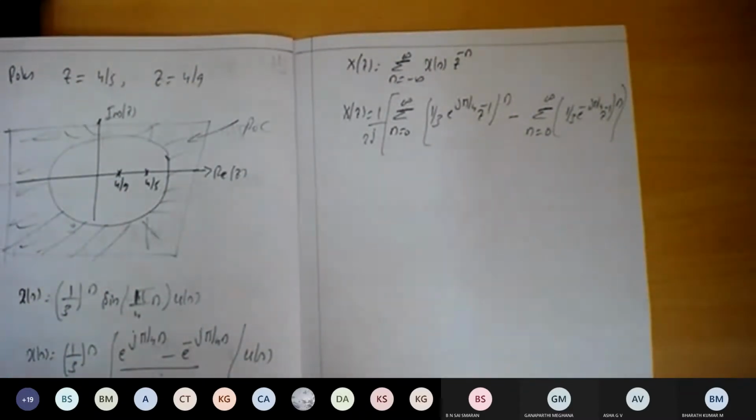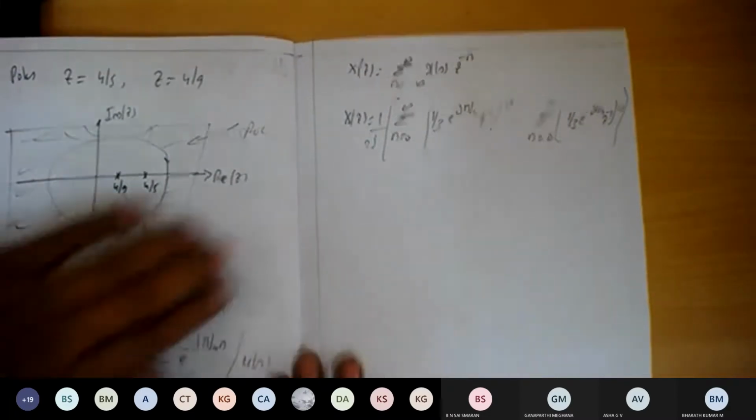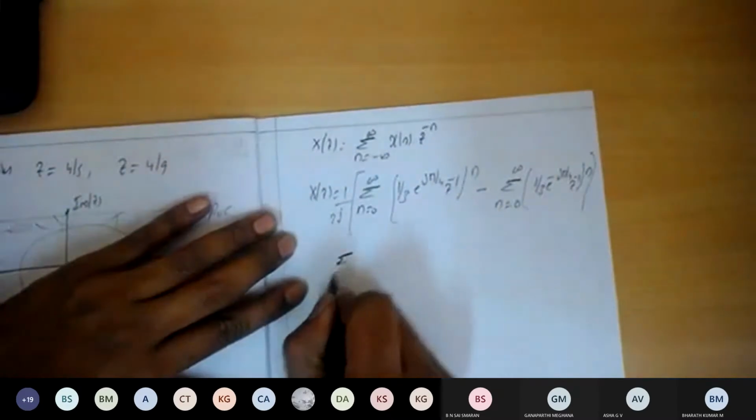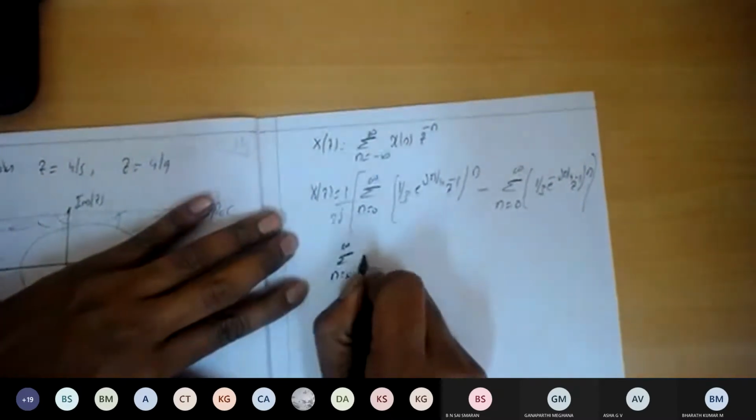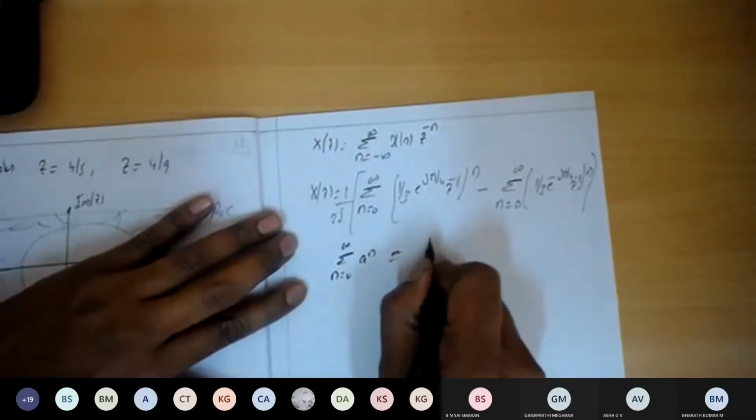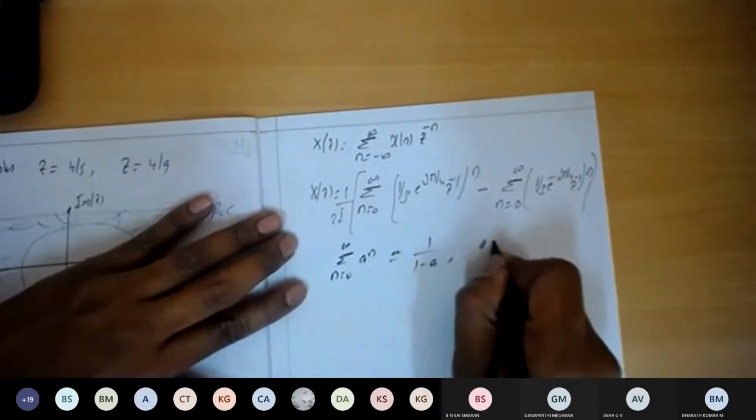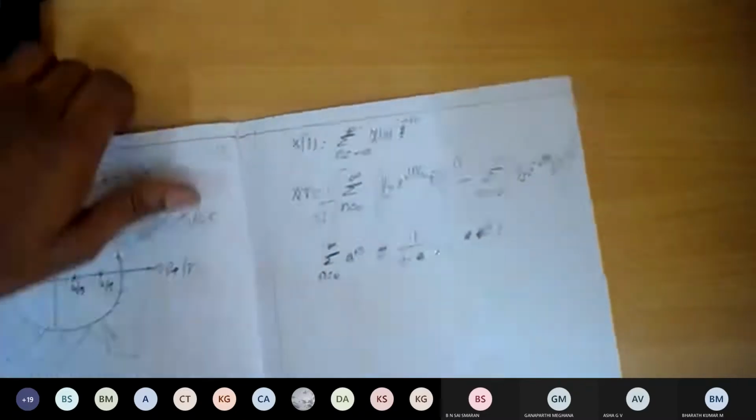Now we'll apply the same sum of infinite terms formula again. That is, the summation from n equal to 0 to infinity of a to the power of n is 1 divided by 1 minus a, provided the magnitude of a is less than 1.